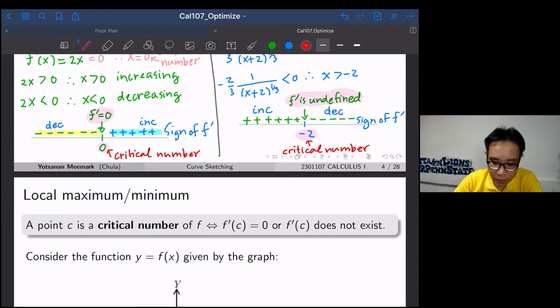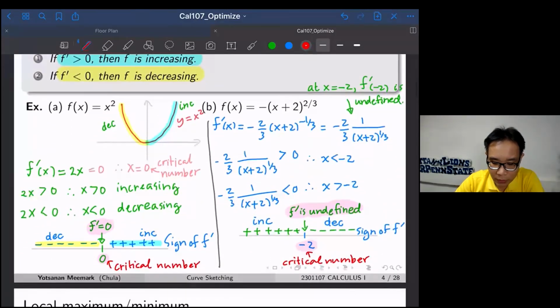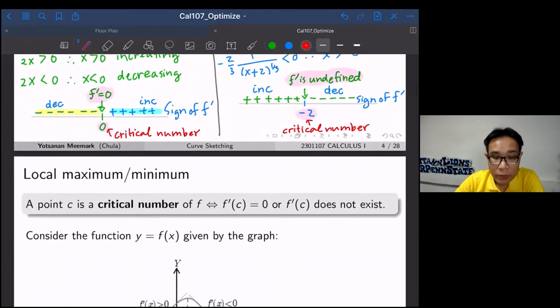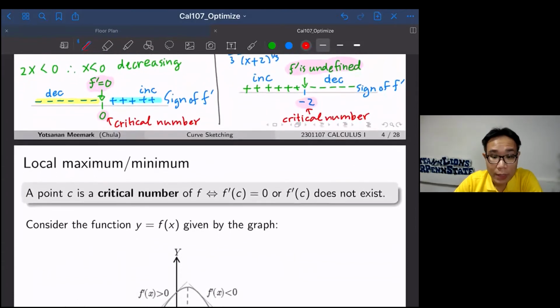Another thing that we're going to talk about is the local maximum and the local minimum.